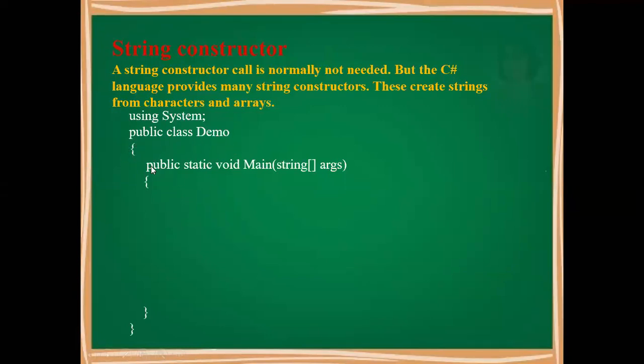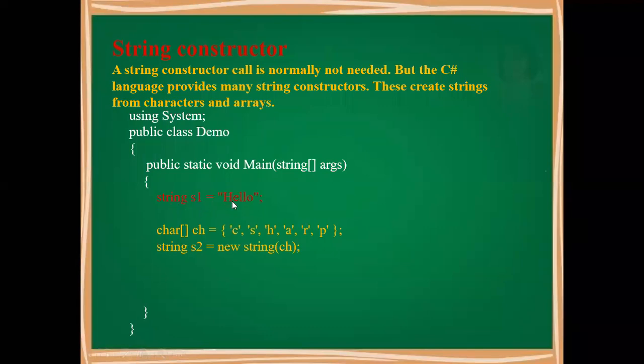Public class Demo, public static void Main string args. Here we have declared one string called hello, s1. Then we have created the character array with some C# single characters, and then string s2 we have assigned that character array: string s2 is equal to new string. So what is the difference? We can use the string class as a normal data type.